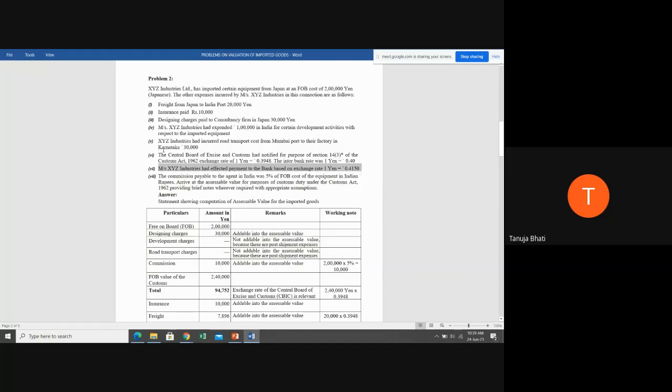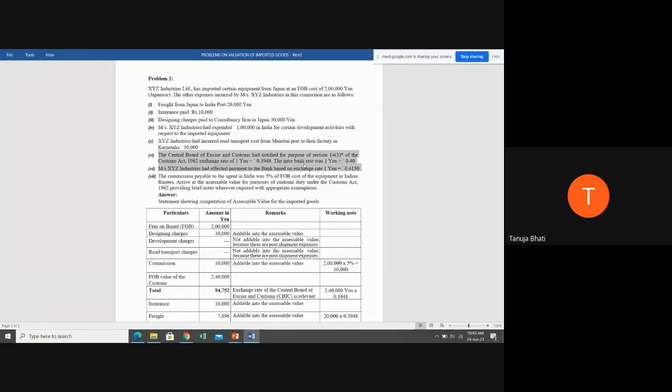Now students, there are three exchange rates given to you all. Which exchange rate will you consider for solving this problem? One is given by the CBIC, that is 0.3948. One is the interbank exchange rate, that is 0.40. And one is the actual payment he's made through the bank, which had an exchange rate of 0.4150.